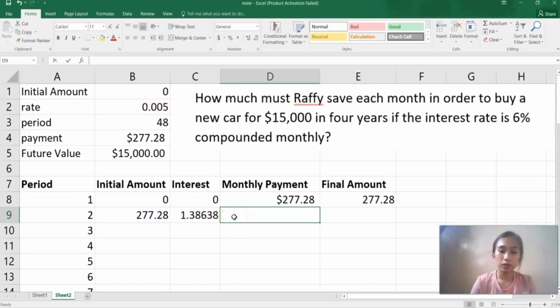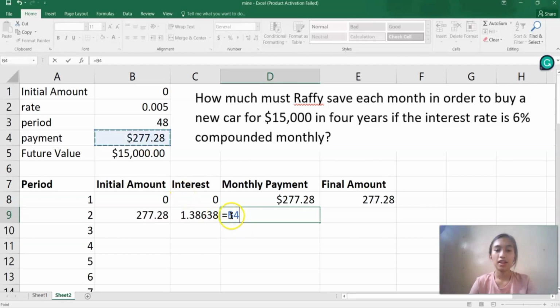And then the monthly payment. Now the monthly payment, we have equals payment. So here again we have to put a $ sign. So note that you only have to put a $ sign in the interest and the monthly payment. And then enter.